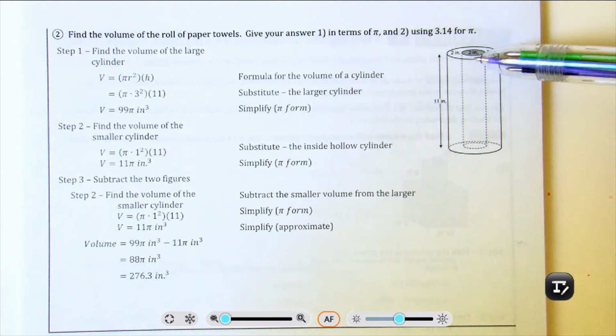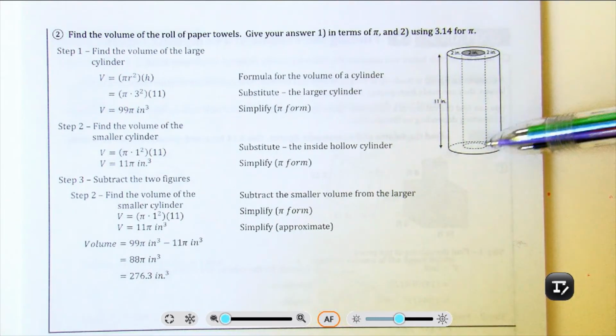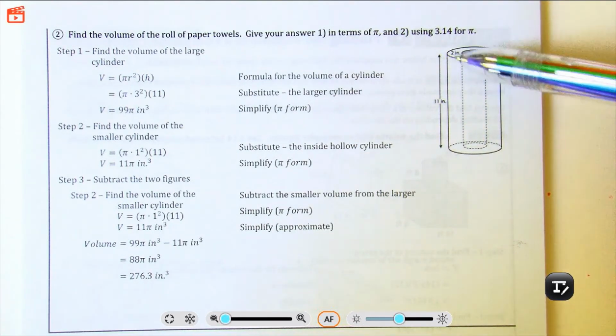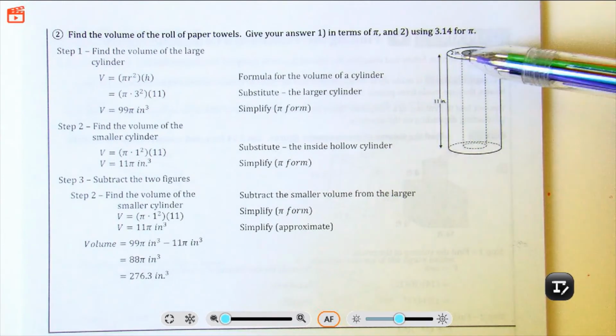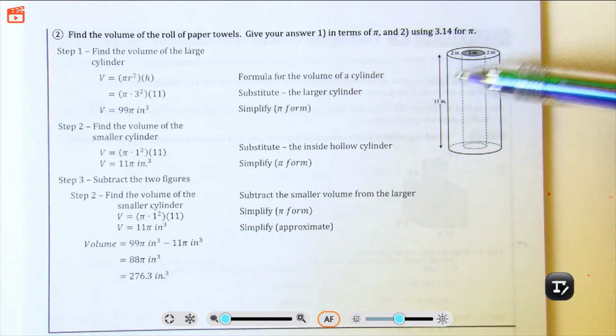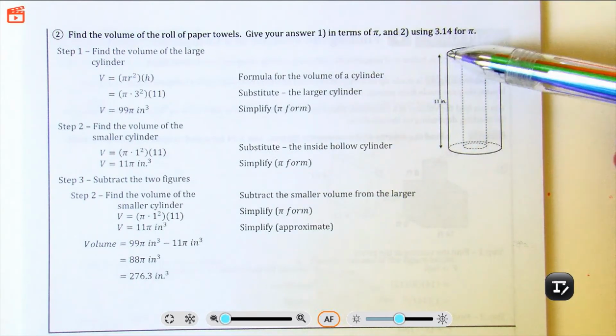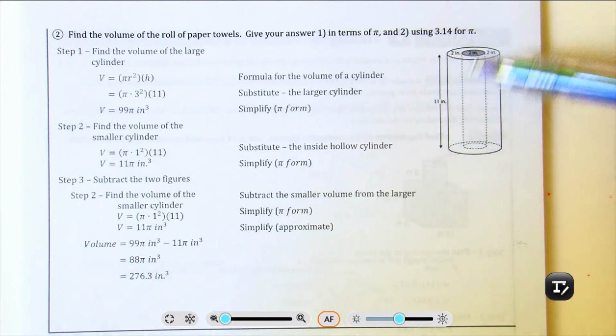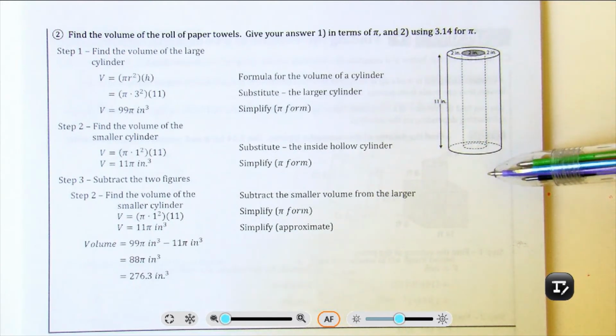So what we have is a large cylinder and a smaller cylinder. To find the volume of this object, we find the volume of the entire cylinder and subtract the small cylinder.